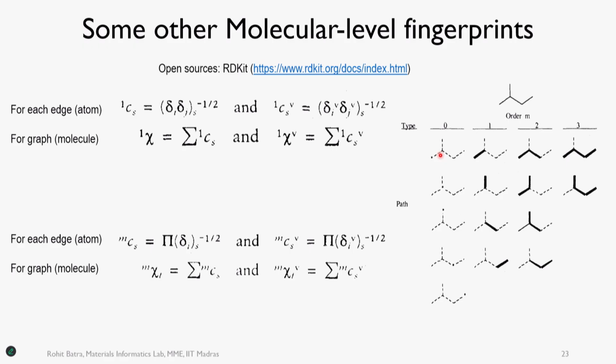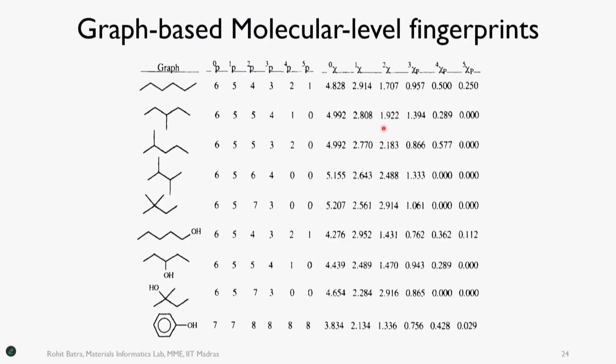So this is my 0th degree, where I just talked about that particular value. First degree, I'm talking about different edges. Second degree, I'm talking about 2 edges simultaneously. Third degree, more, and so on. This is another way you have converted a graph into a set of numbers.